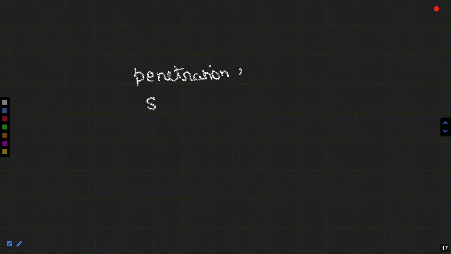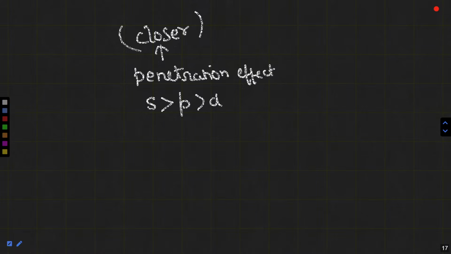If I talk about the penetration effect, first you have to understand what penetration is. Penetration means to get closer to something, so you can simply say closer. Always remember the S orbital will be closer, then P, then D, and then F. This is for the same orbit, meaning all of these should be in the same orbit.